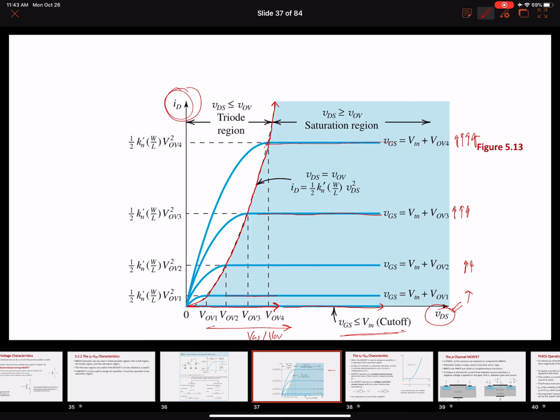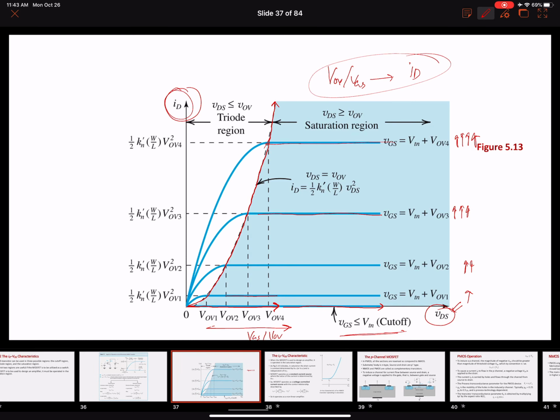So if we apply a constant drain to source voltage and change the overdrive voltage or the gate to source voltage, our current will increase. We are going to talk about this characteristic in more detail. Let's look at that in the next slide.